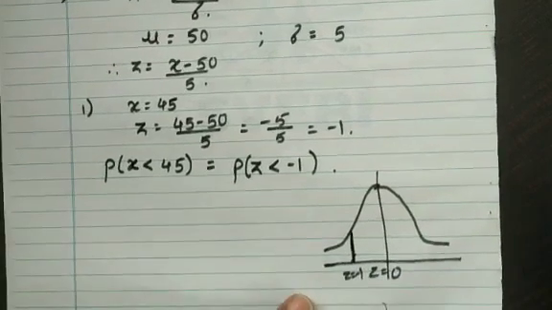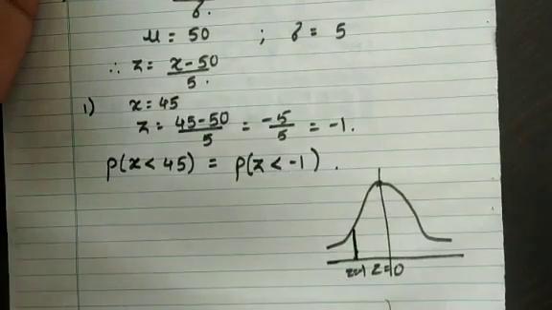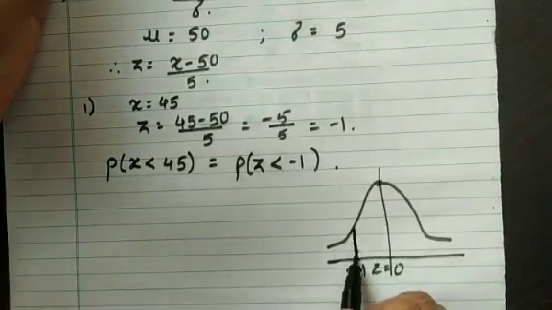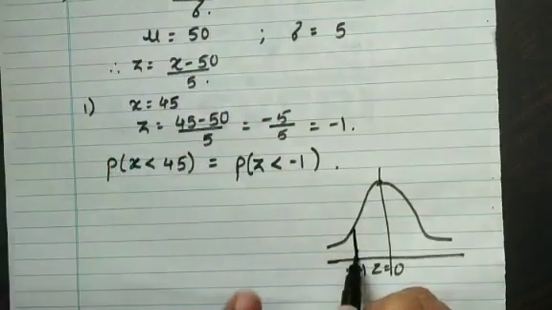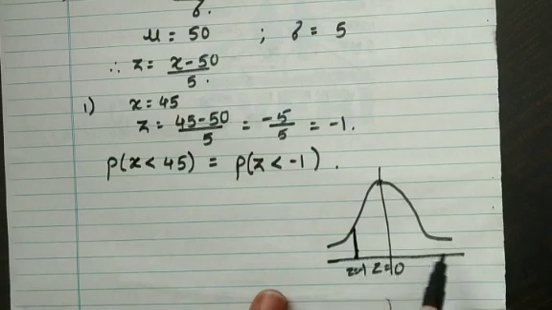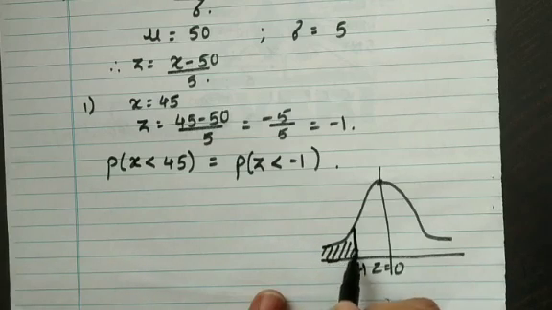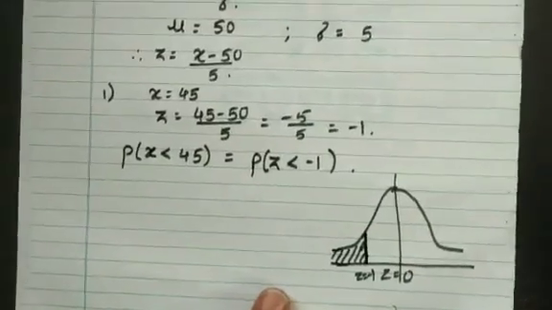We have to draw it. Our condition is z less than minus 1. Z is minus 1 is here, and on this side z is getting bigger. So if it is less than minus 1, meaning below minus 1, the area is on this side. This is the required area.